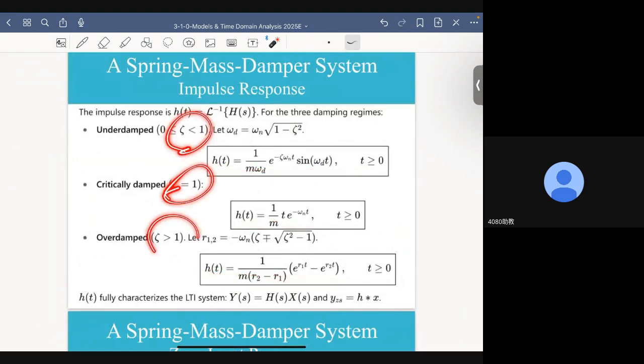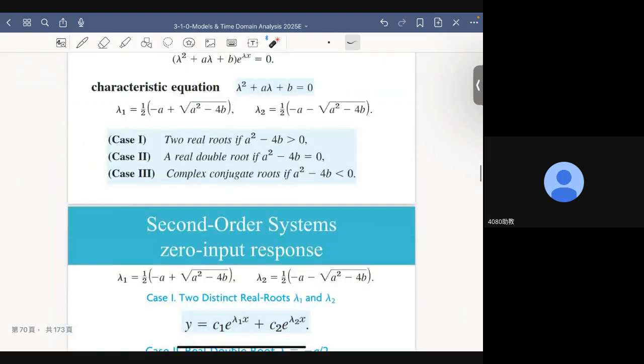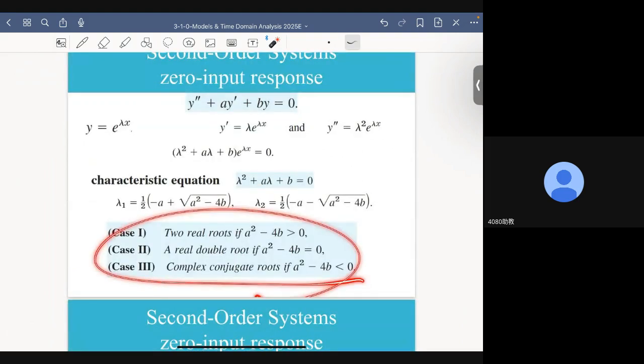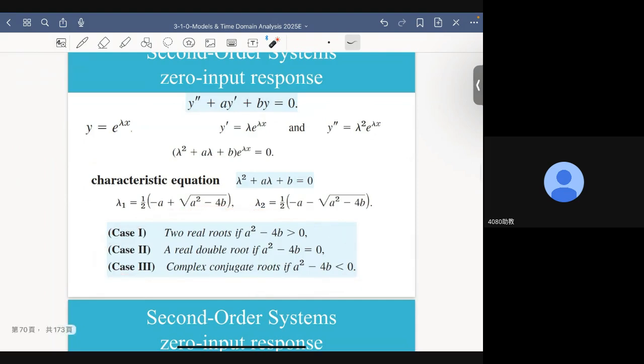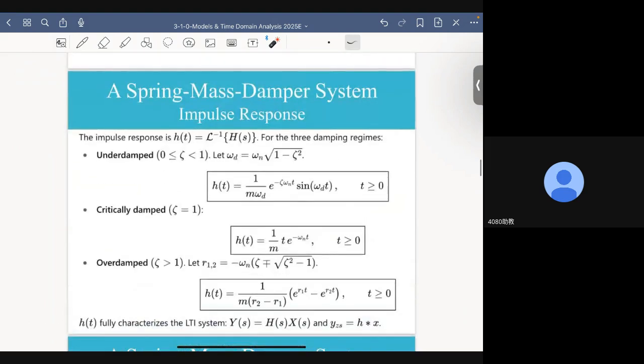And this eta, whether it's larger than 1 or smaller than 1, really corresponds to these 3 different cases, all right? It can be shown that this happens. I will show that later, okay? I will show that later. But the thing I want to tell you is why there are 3 cases of different types of impulse response.